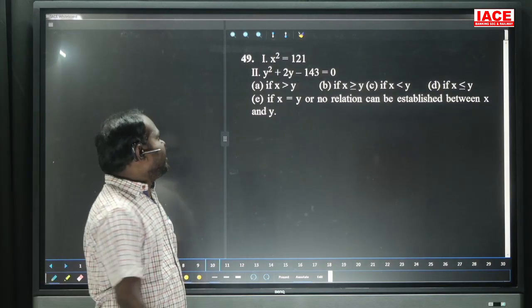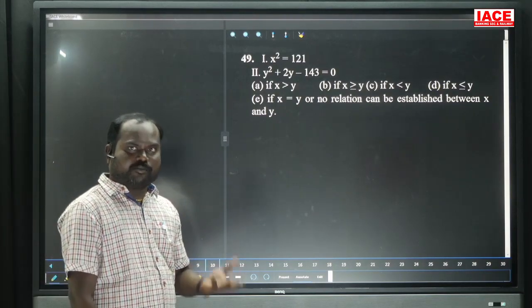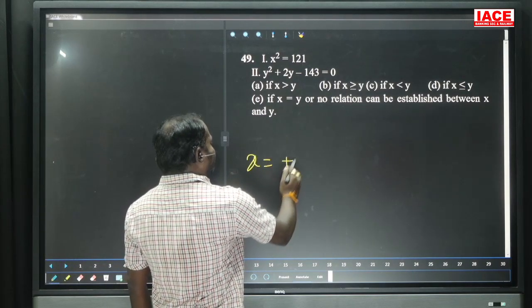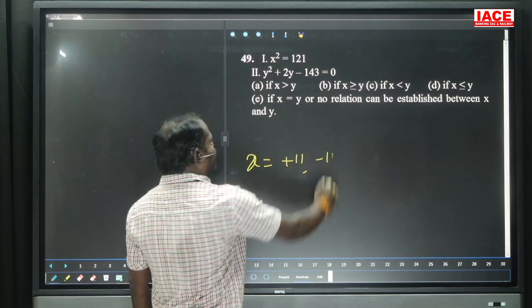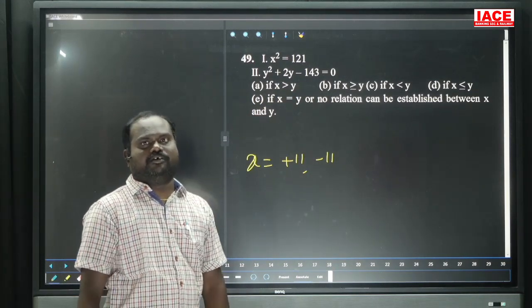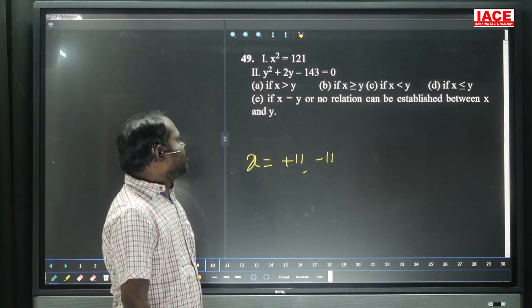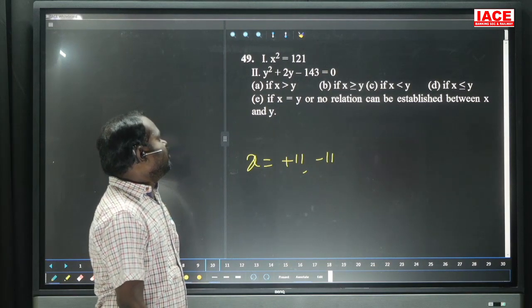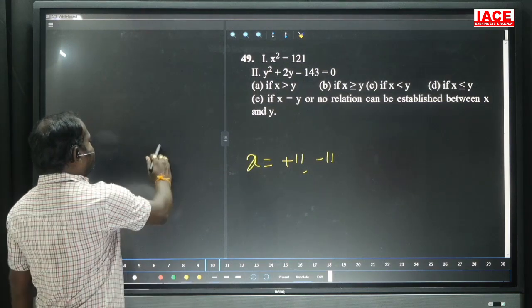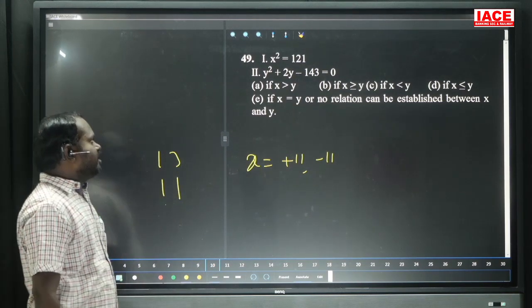Next: 49 x squared is 121. Whenever we take the square root we get plus or minus, so x equals plus 11 or minus 11. For 143, we can't use 11 and 12, but 13 times 11 is 143.